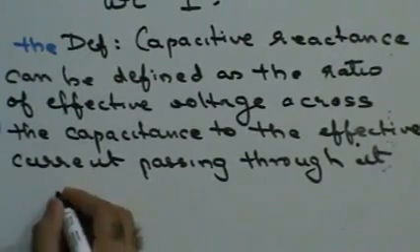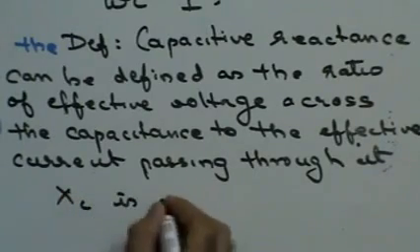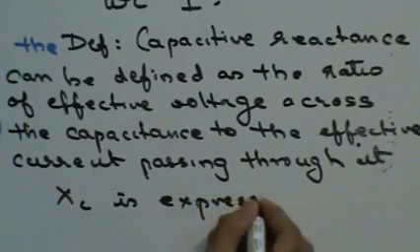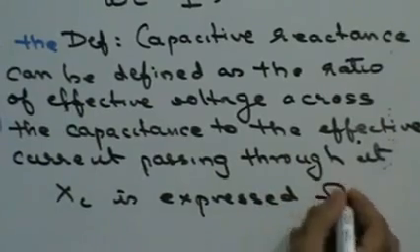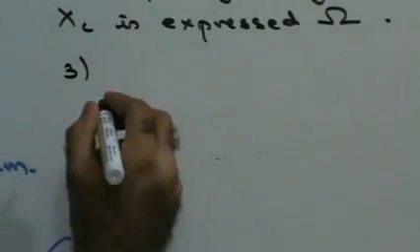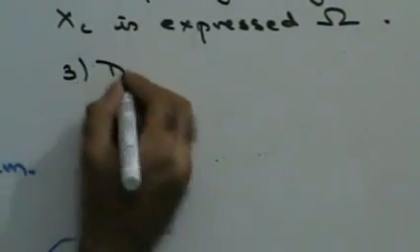And I can say that XC, since it is opposition to the movement of current, is also expressed in ohms, right? Next, let us see the difference between resistance and reactance.